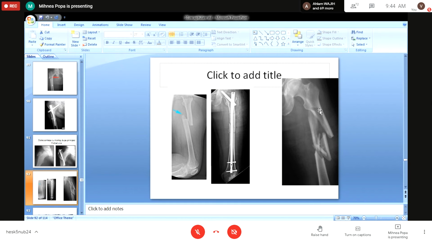If they are in the upper and middle part of the femur, it's better to use a long gamma nail, as you can see here, because it has more stability in the proximal region. You can use also just a centromedullary nail, but that will not have the same stability as the gamma nail. So in fractures that are in this region, it's better to use this type of long gamma nail to reduce the fractures.